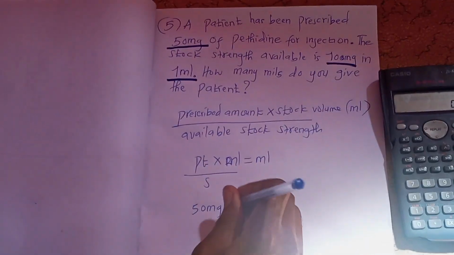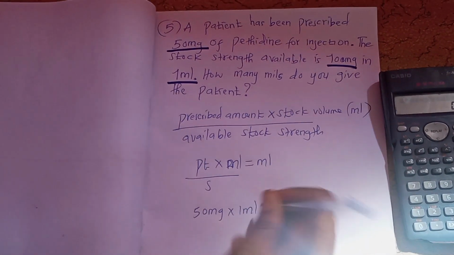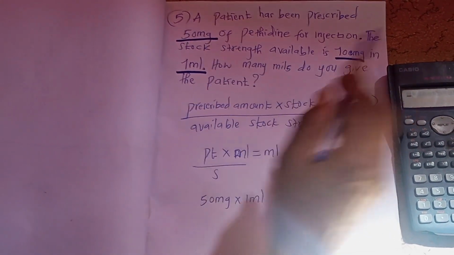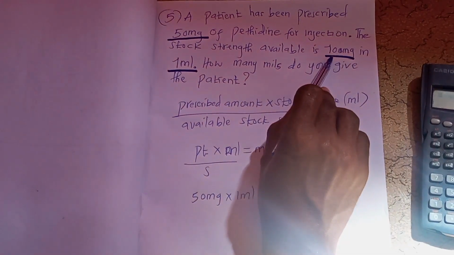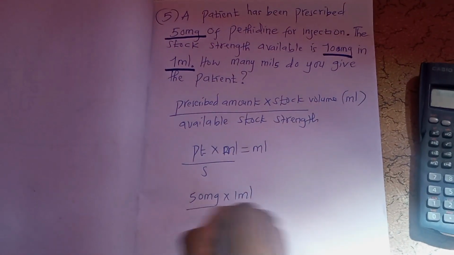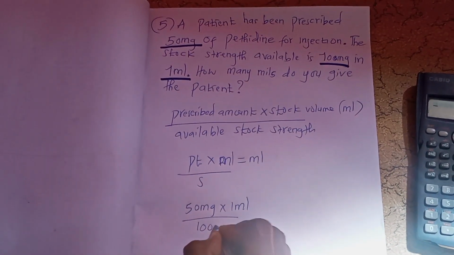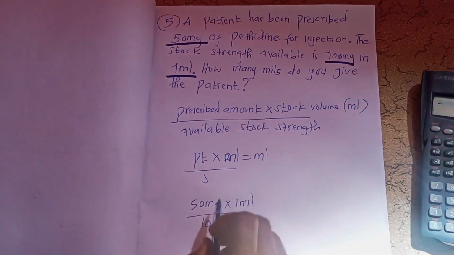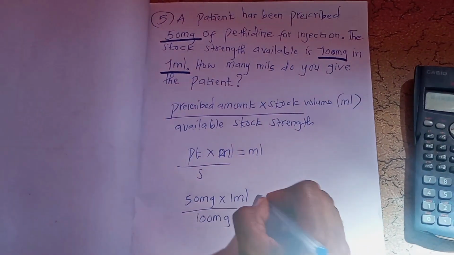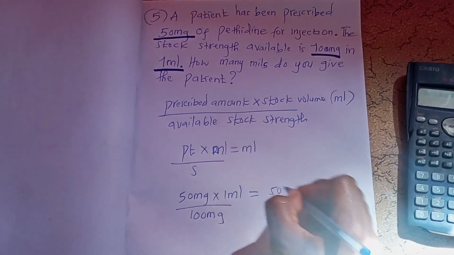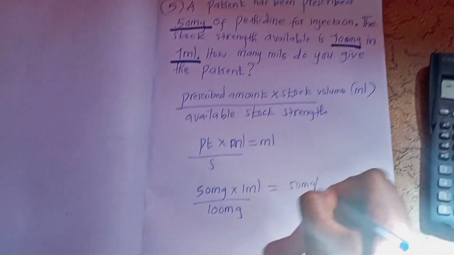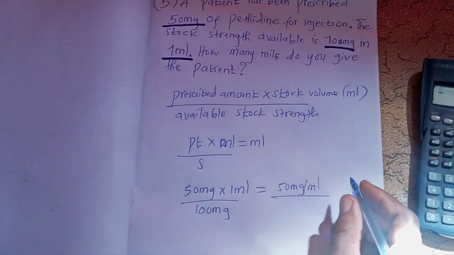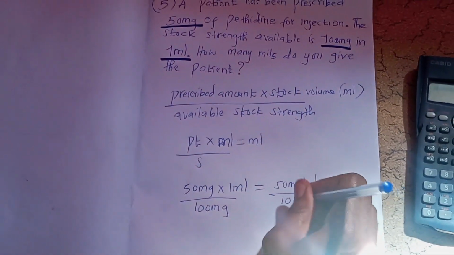Our stock volume is 1 ml, all over divided by available stock strength, which is 100 mg. When you multiply 50 mg times 1 ml, that gives you 50 mg per ml, all over divided by 100 mg.